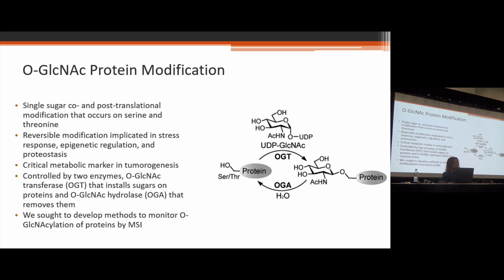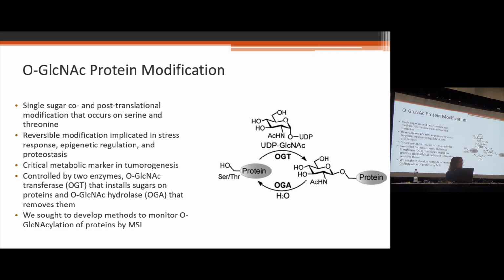So getting into this O-GlcNAc protein modification, this is a single sugar co- and post-translational modification that occurs on serine and threonine residues. It's reversible, it's been implicated in a lot of different biological functions, including stress response, epigenetic regulation, proteostasis, and in my interest area, it's also highly involved in tumorigenesis.